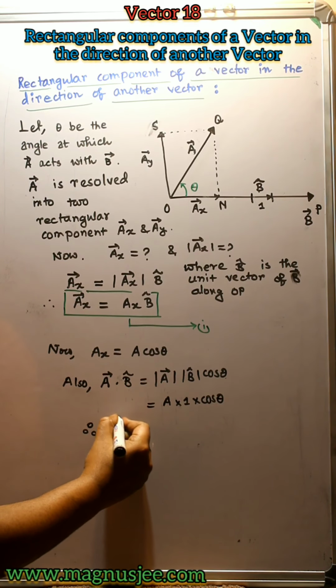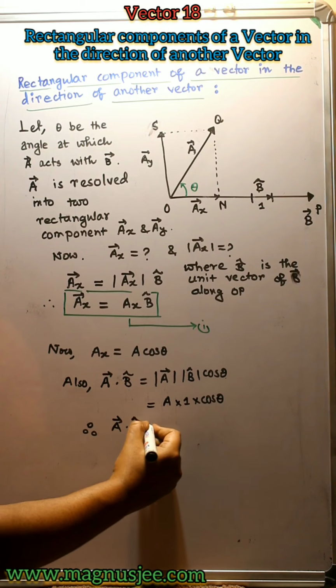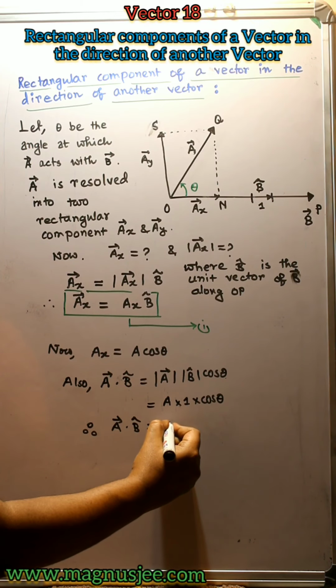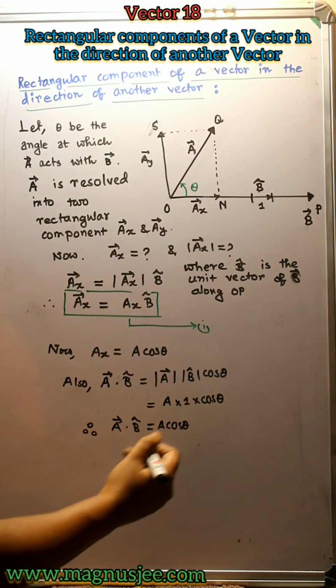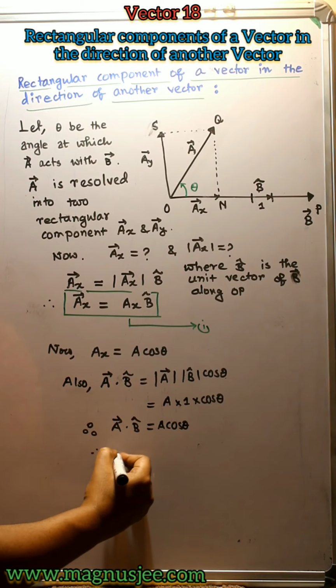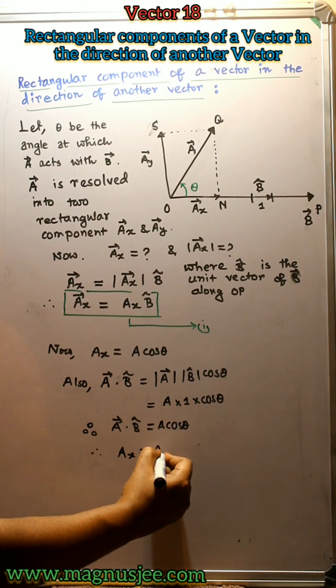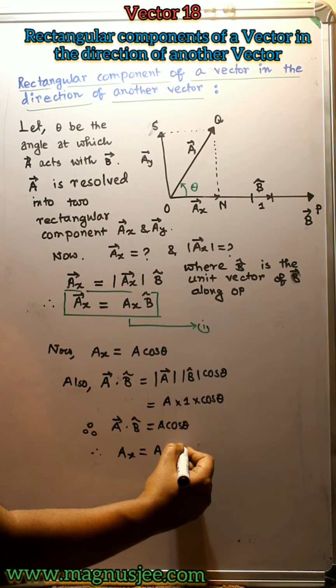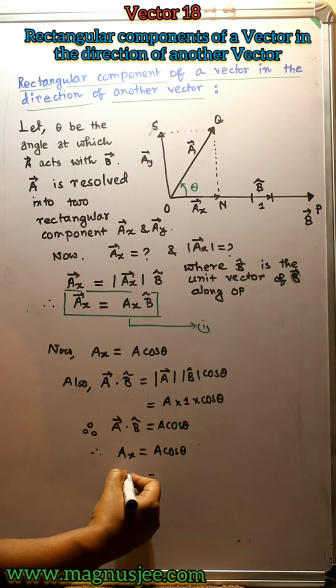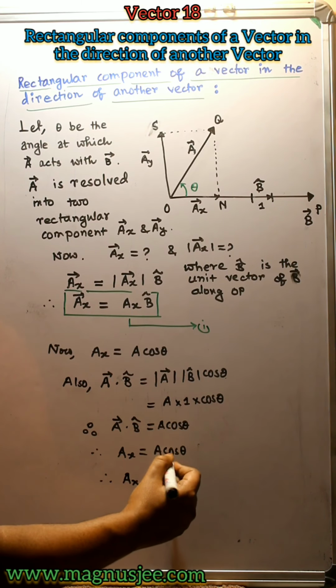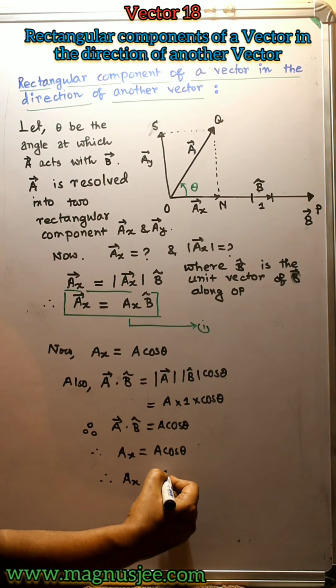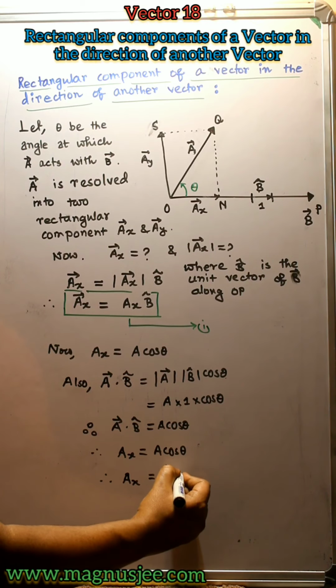Therefore, vector A dot B cap equals A cos theta. Therefore, Ax was A cos theta, so Ax equals vector A dot B cap. In place of A cos theta, we can write vector A dot B cap.